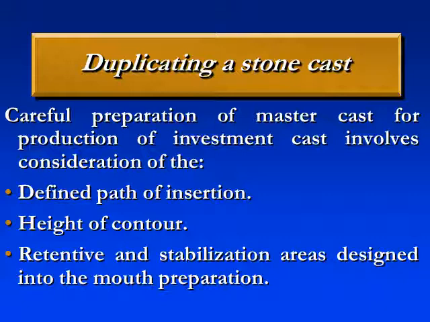Number two, preservation of the height of contour, the maximum height of contour or the maximum convexity of the cast. Number three, the retentive and stabilization areas designed during the mouth preparation. We should preserve all these areas that have been detected on the master cast.